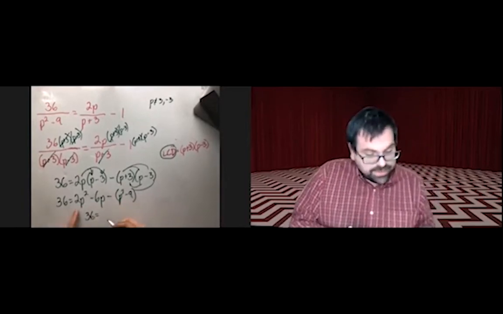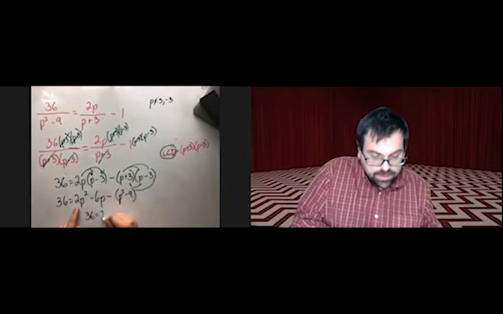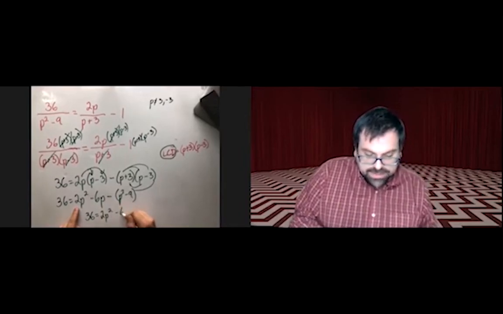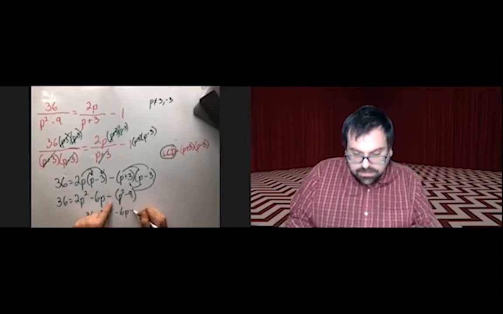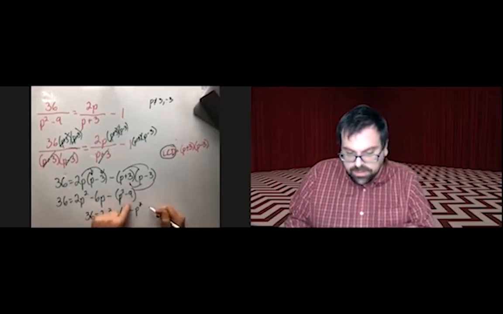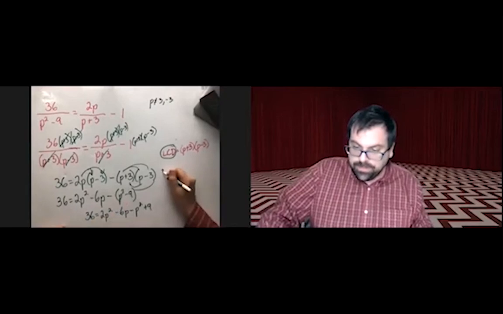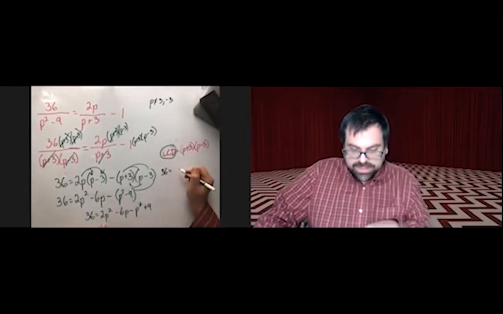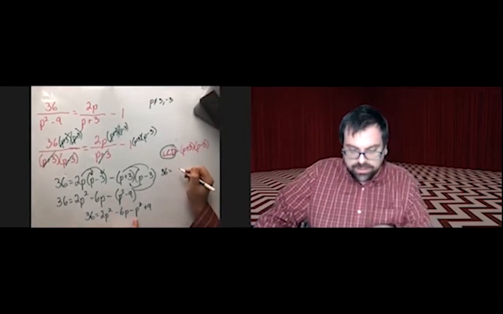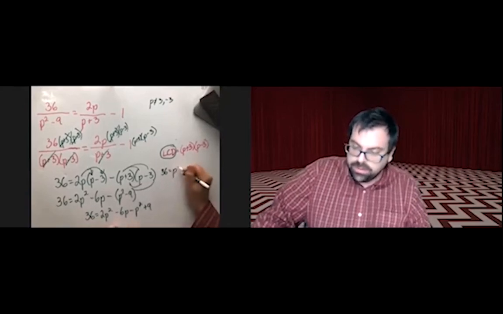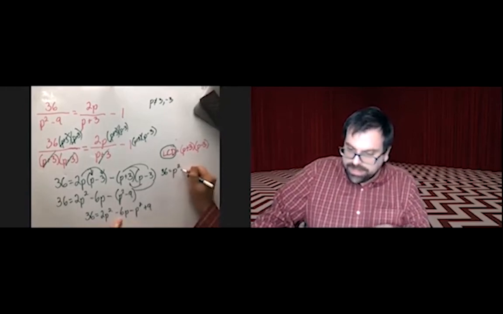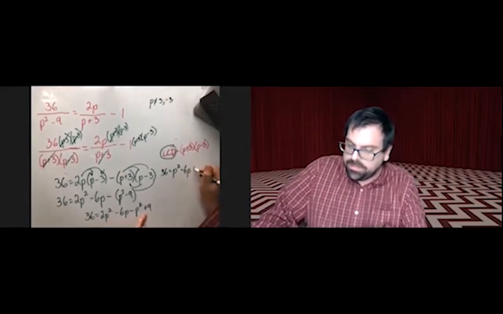So 36 equals 2p squared minus 6p minus p squared plus 9. 2p squared minus p squared is p squared minus 6p plus 9.